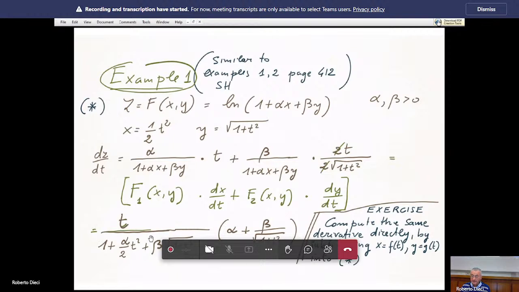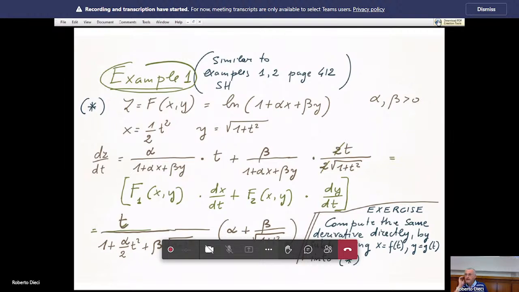Because remember that in some cases we want this to be expressed as a function of time. Remember that alpha x here is alpha over 2 t squared, and beta y is beta times the square root of 1 plus t squared. So this is the common factor here, times alpha plus beta divided by square root of 1 plus t squared.